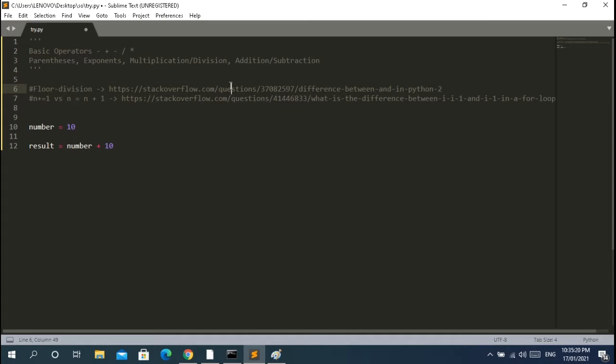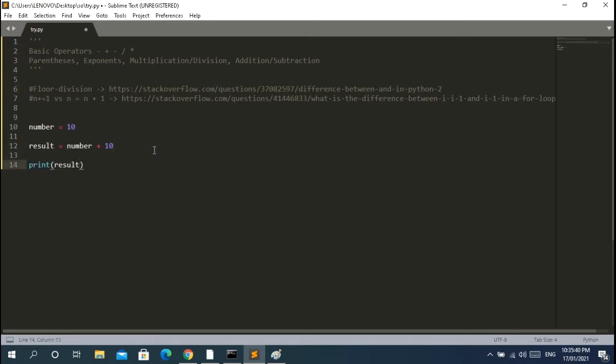So, basically, I just want to add that in Python you can do the basic operators like we did in elementary, which are addition, subtraction, division, multiplication, and others. For example, print result.